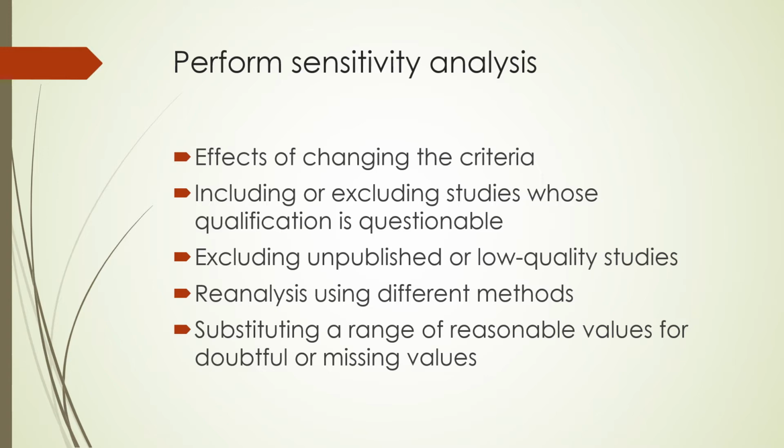If the outcome changes a lot based on the criteria, then you really got to start worrying about whether your meta-analysis is really consistent, or if we simply need more information to really be able to nail down what's going on in this particular system.